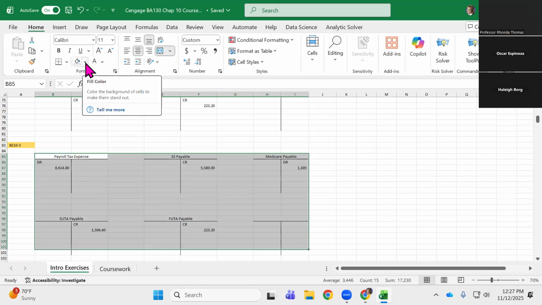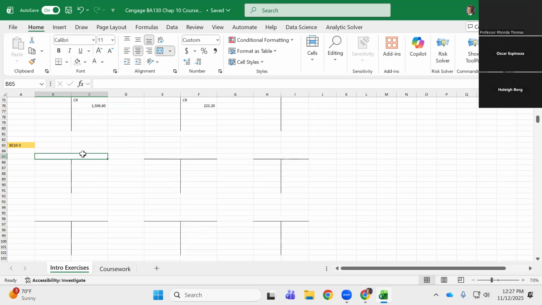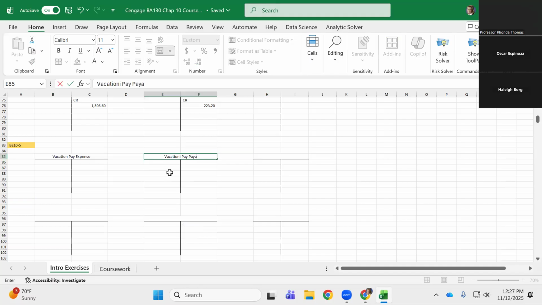This time we're going to have vacation pay expense, and then a vacation pay payable. If they had sick pay, they would probably keep it separate also. An expense has a debit normal balance and a payable has a credit normal balance.